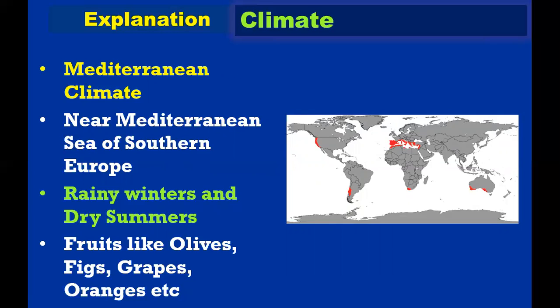Here, in the winter season it rains and the summers are dry, and this climate is called a Mediterranean type of climate. Here we can find juicy fruits like figs, grapes, oranges, etc.